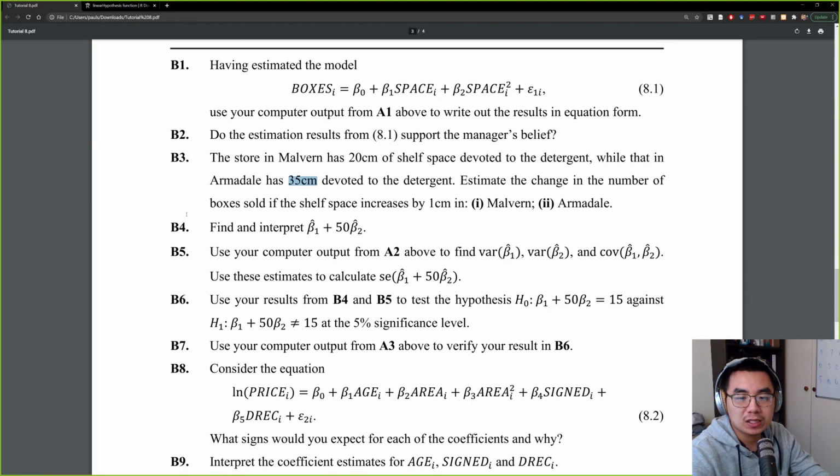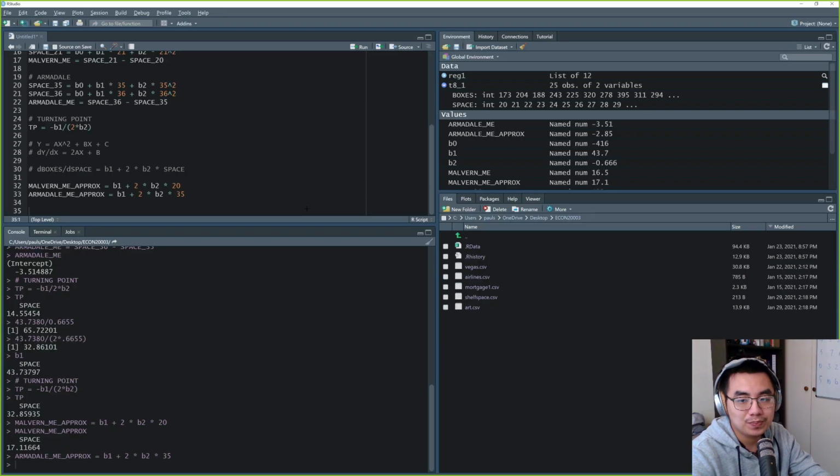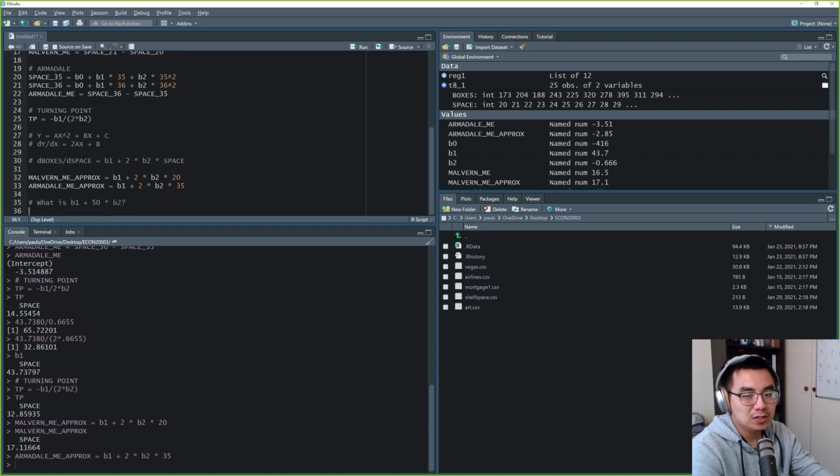All right. Find and interpret this coefficient, beta 1 hat plus 50 beta 2 hat. Okay, what is this? If we compare this to the derivative, this is actually d boxes d space evaluated at space equal to 25.